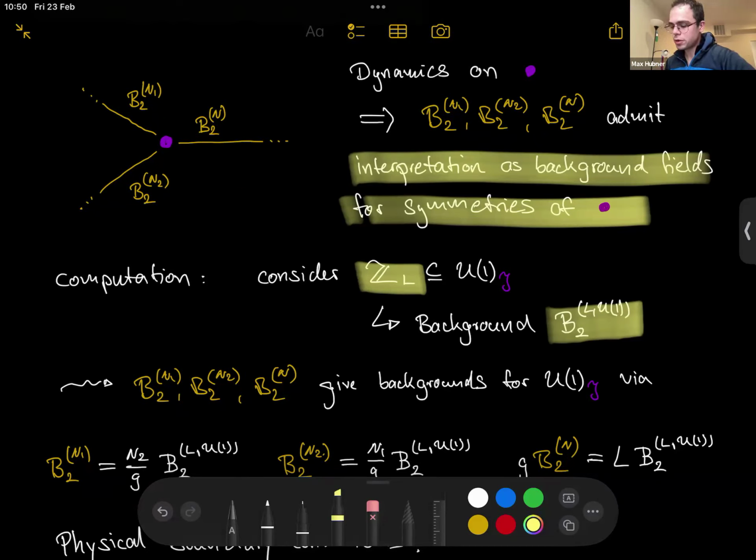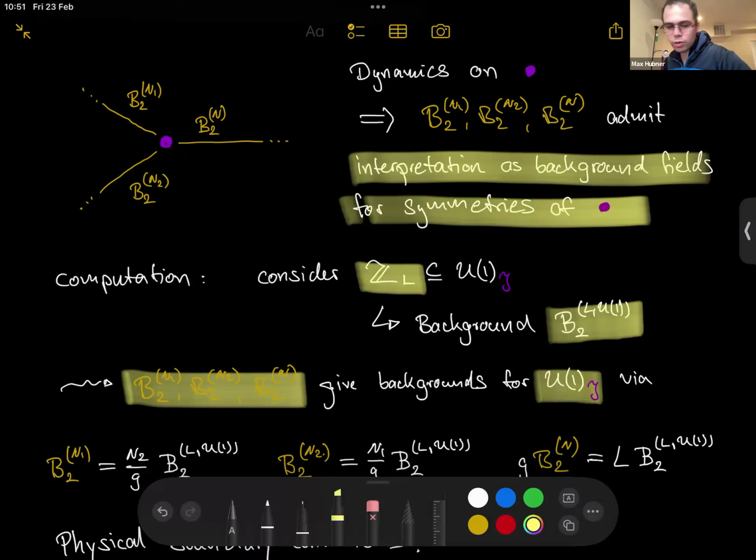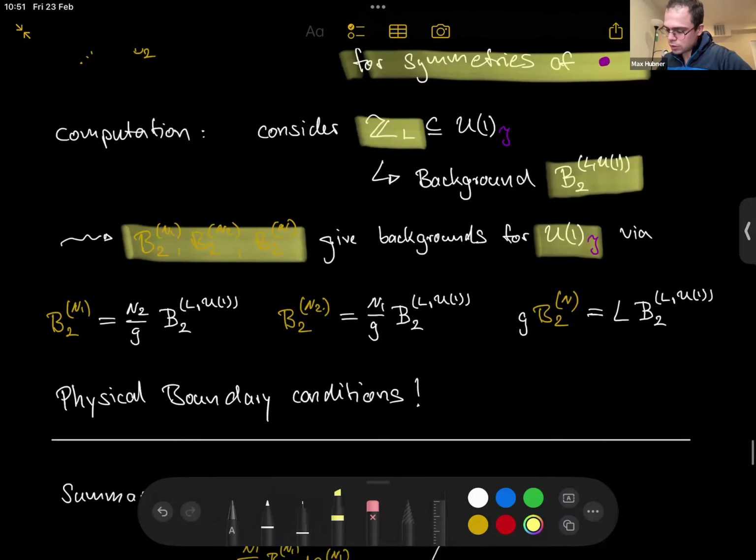And the point is that, again, standard SymTFT logic, these three fields on the legs that we've motivated differently via the SUN factors are now given interpretations as backgrounds for this U1 one-form symmetry, which take values in this ZL. And if one does the computation, this is what these boundary conditions, or these identifications, look like.